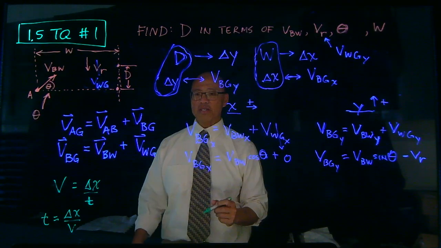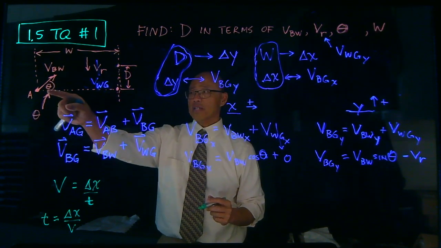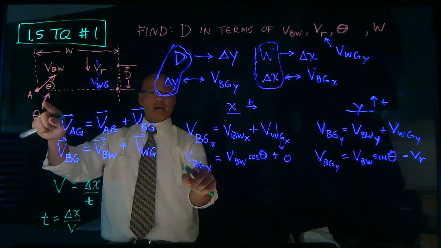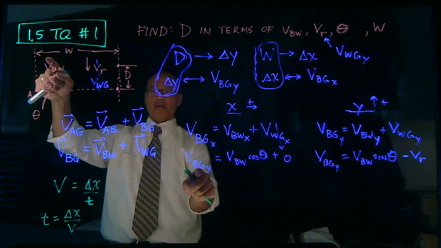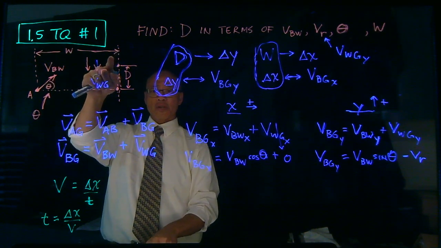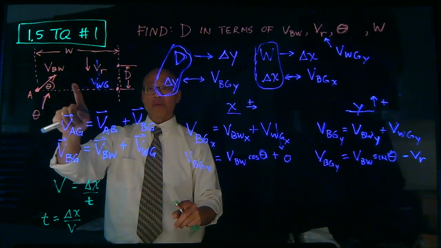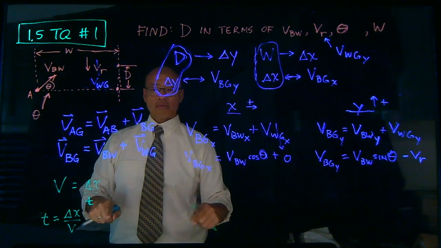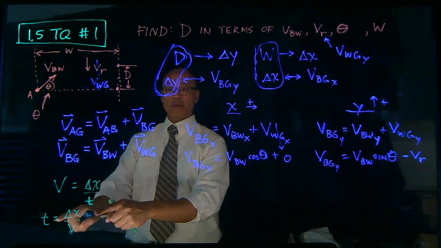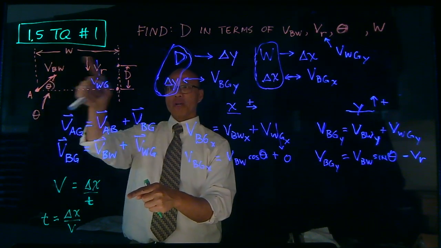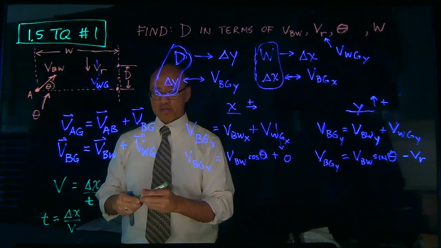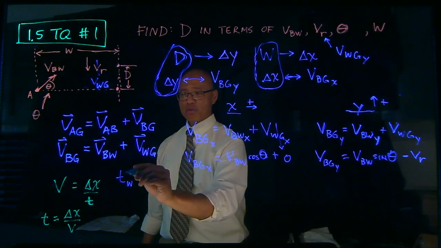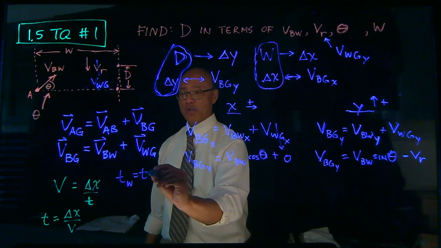Okay, so the other thing that we need to note here is that the time it takes to go w at this speed, I'm moving this way at that speed, I traverse w meters. In that same amount of time, I traverse a distance d at this speed. So if we remember this, what's the same? The time it takes to travel w is the time it takes to travel d. So I'm going to remind myself that the time to travel w is equal to the time to travel d.